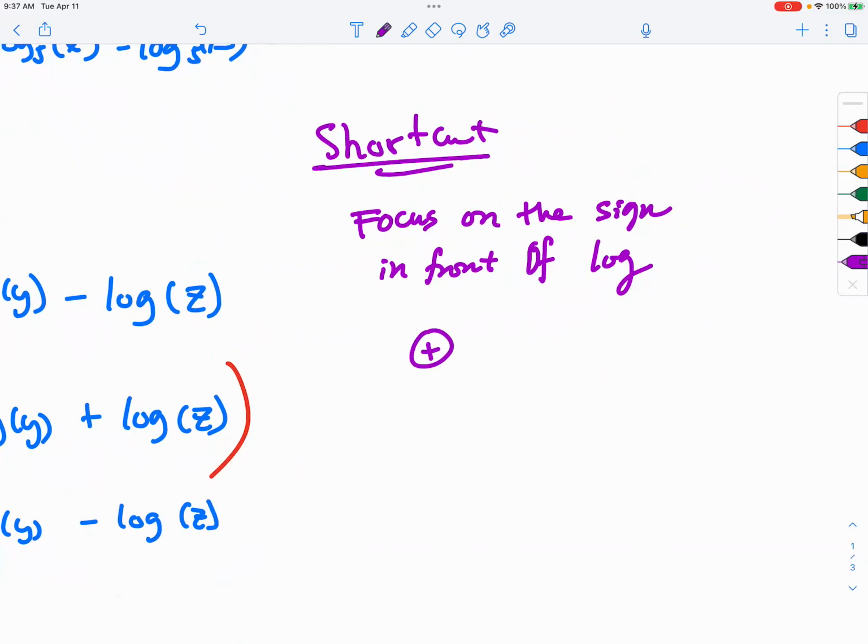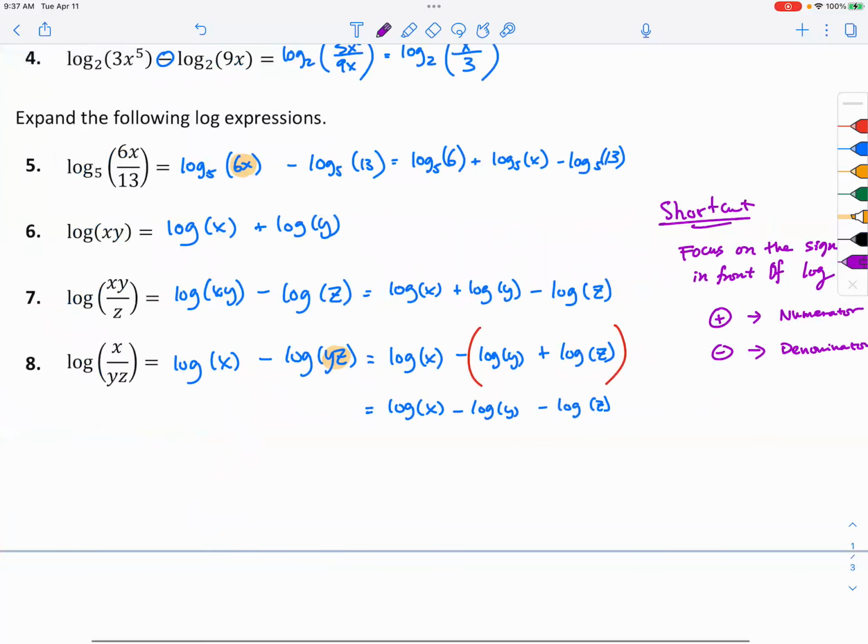Because if it is a plus sign, if it's positive, that means it is going to be in the numerator. If it's a minus, that means it is in the denominator.